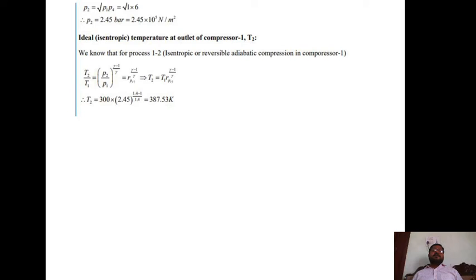T2 by T1 is equal to P2 by P1 raised to the power gamma minus 1 by gamma, because it is isentropic, or reversible adiabatic. That is, RPC1 raised to the power of gamma minus 1 by gamma. T2 is equal to 387.53 Kelvin. The gamma is given as 1.4, so 1.4 minus 1 over 1.4.